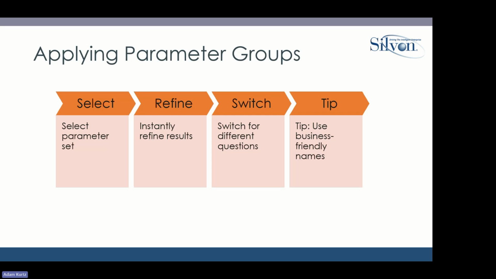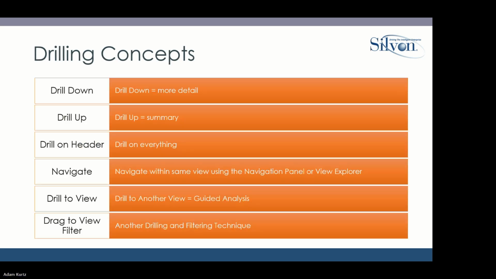Be short and succinct, because you can actually set up the prompt for them, and I'll show you how this is done. You want to make sure that they understand what you're saying. So that's the parameter groups. We'll show you how to set those up, but that's a great way to refine the user experience and help them focus down on certain things within the view.